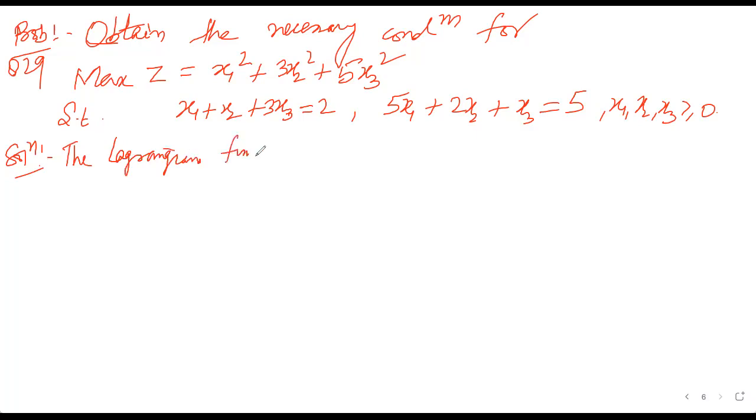Tell me, what is the Lagrangian function? Anyone? L of x1, x2, x3 and lambda. How many lambdas will come? Not one, two will come, two constants.